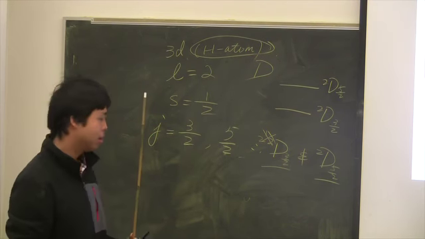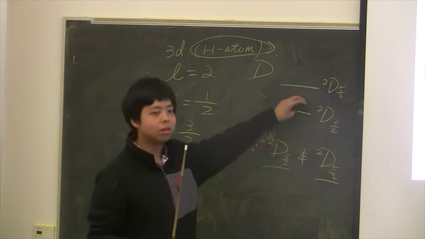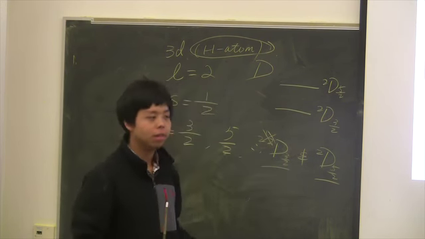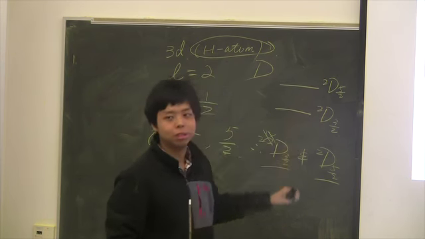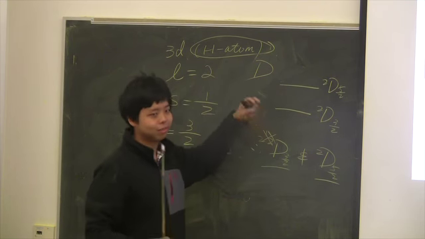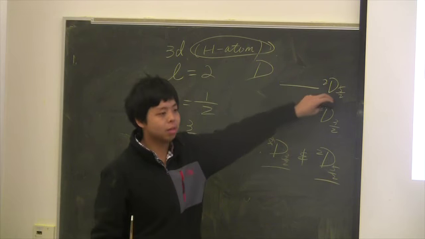For other many-electron atoms, they may or may not follow this pattern. Then we need to talk about another thing, called the Hund's rule, to determine that. Here, we just put the smaller one on the bottom, the larger one on the top.